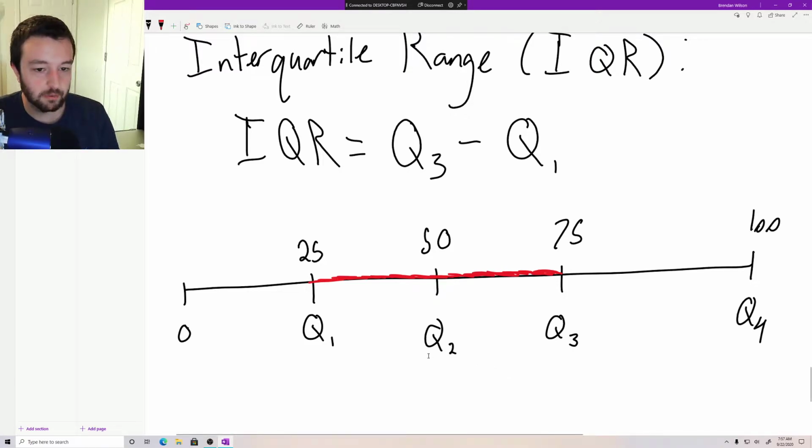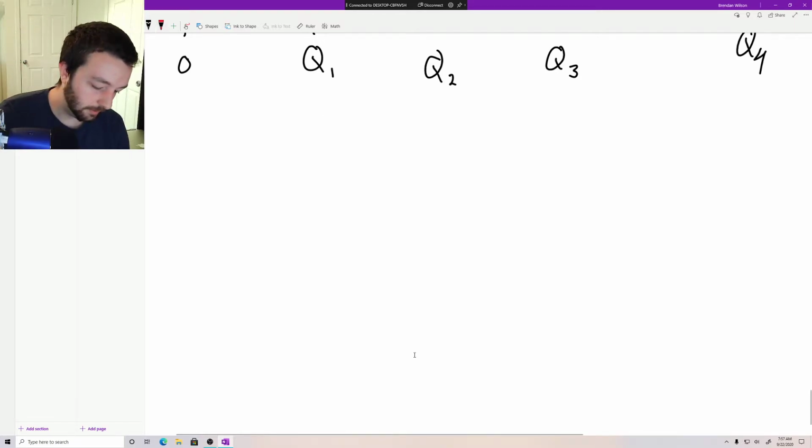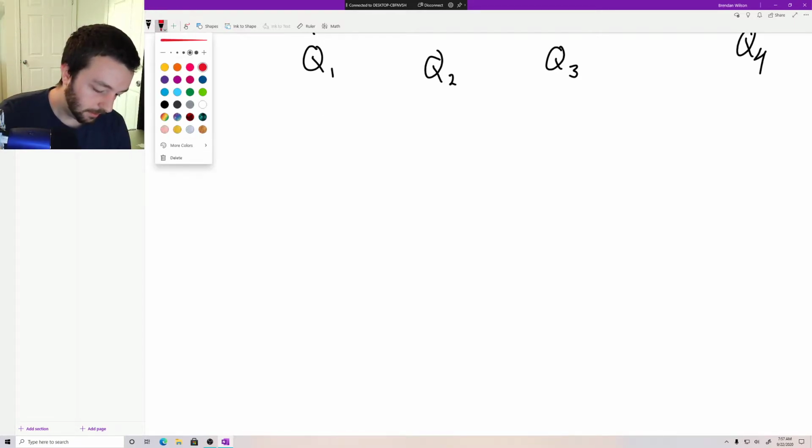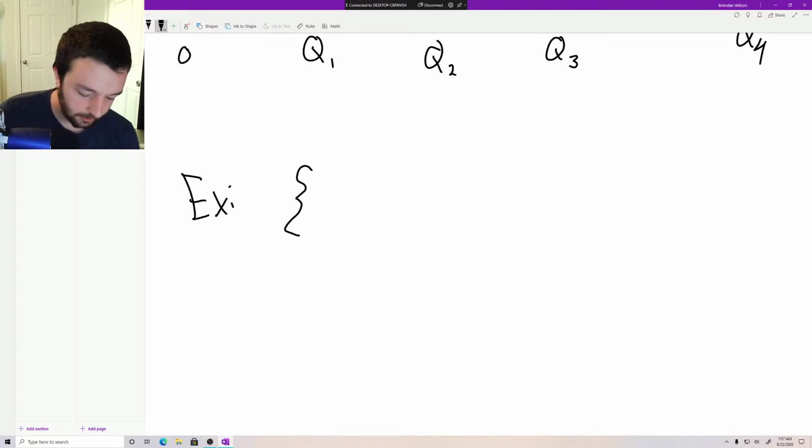Let's talk about how we would find these numbers, because we didn't talk about how to find the quartiles. So let's look at an example here. Let's look at our trusty test score example.